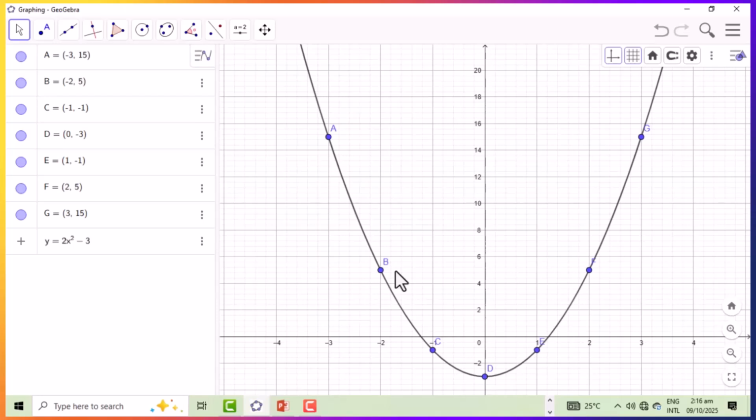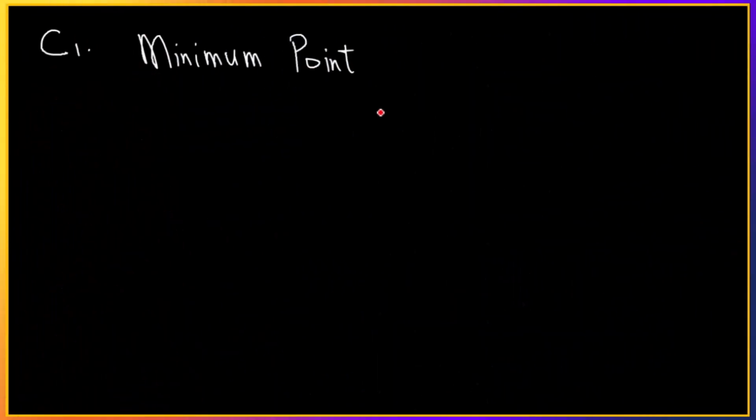The values there are 0 for x and negative 3 for y. So this point becomes the minimum point of our relation. From the graph, our minimum point is 0, negative 3.